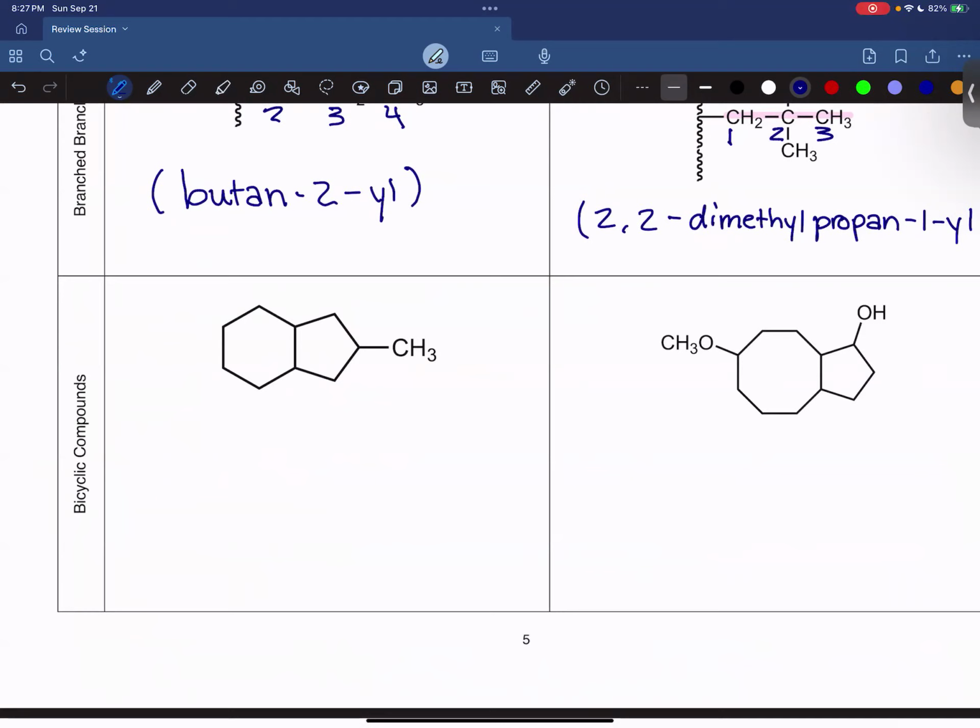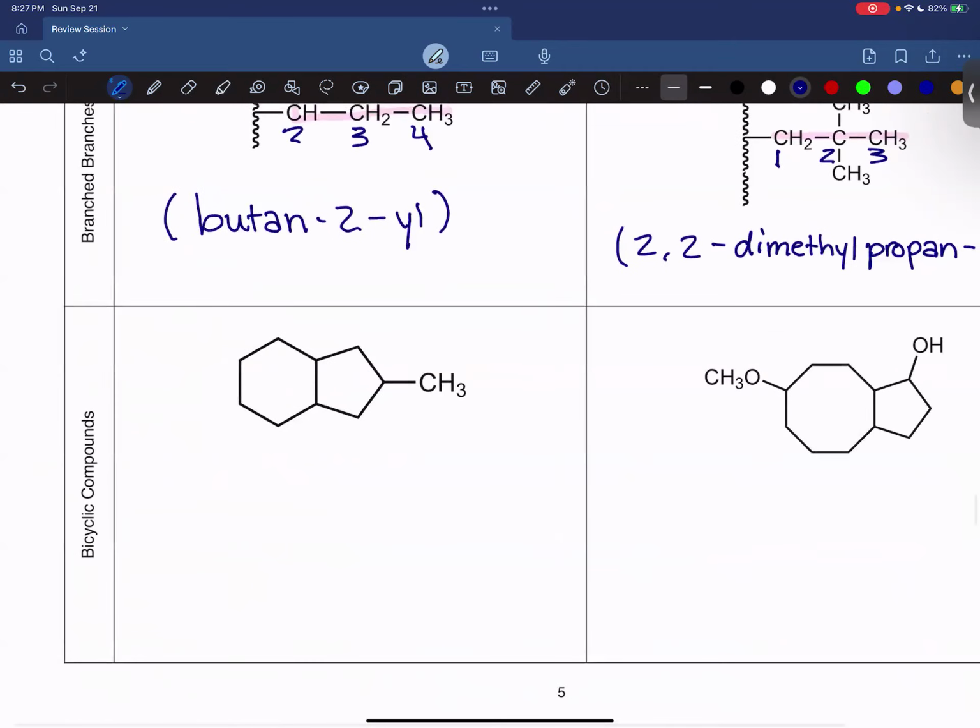So yeah, basically when it comes to bicyclic compounds, we are going to look at these carbons right here, and these are called bridgehead carbons. And you can kind of think about that making sense because they're bridging the gap between these two fused rings.